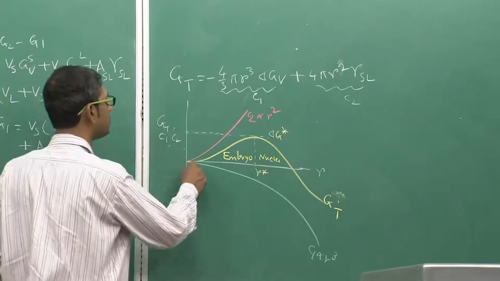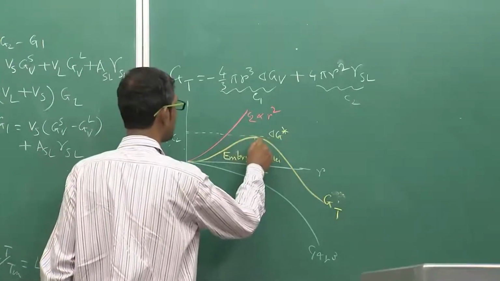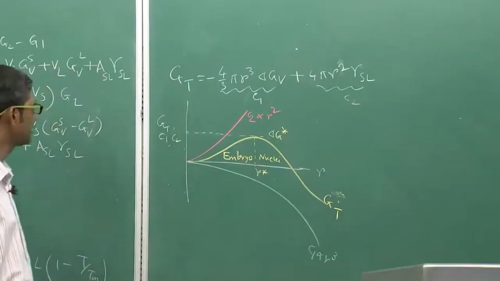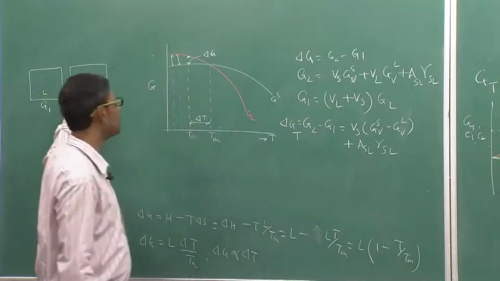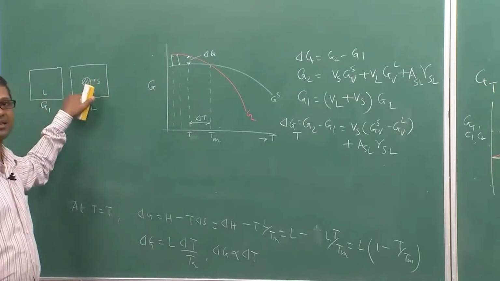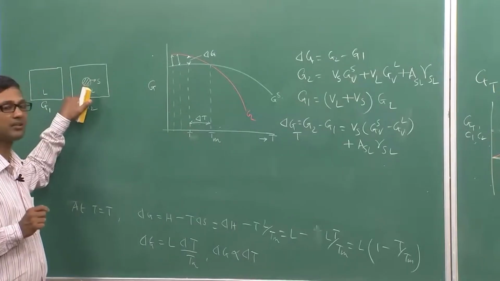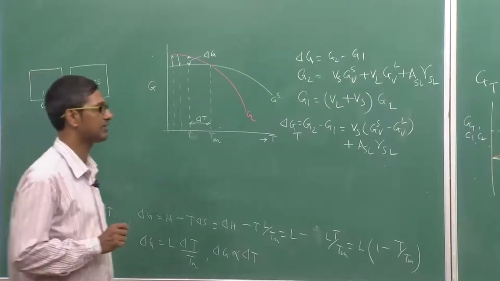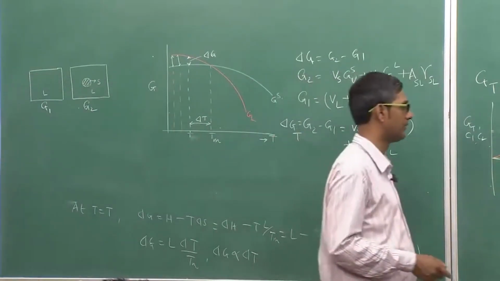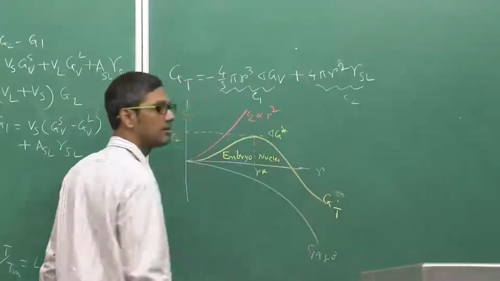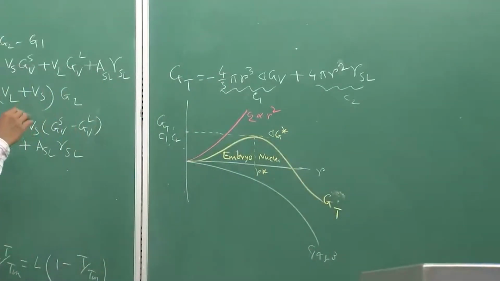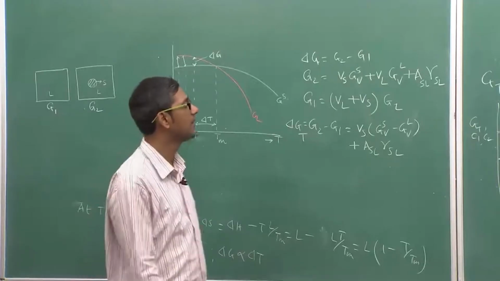The system has to cross over this barrier and reach a size more than R star, at least one atom extra, to become a nucleus, and then it can grow further, because as you increase R, the energy of the system keeps decreasing, and that is good for the system, because you always want a lower free energy.